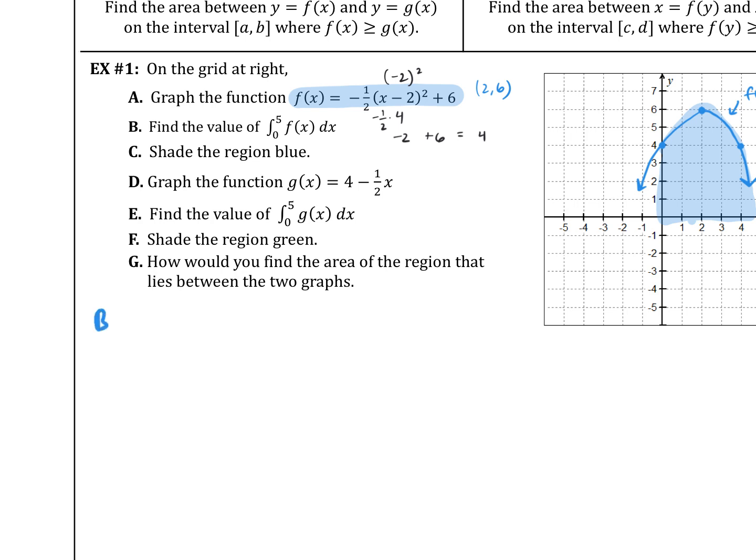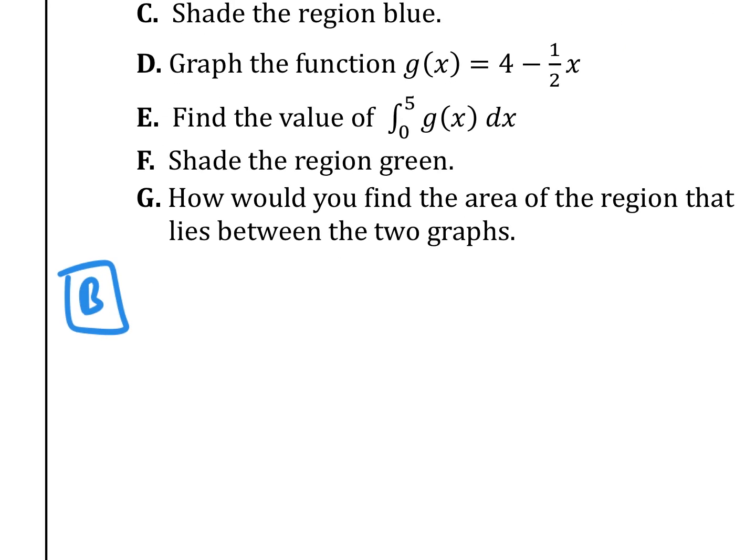So part B, we are integrating from 0 to 5 of my function f of x, which is negative 1/2 (x minus 2) squared plus 6, and then we've got a dx there at the end. Okay, there's a few ways we could do this.